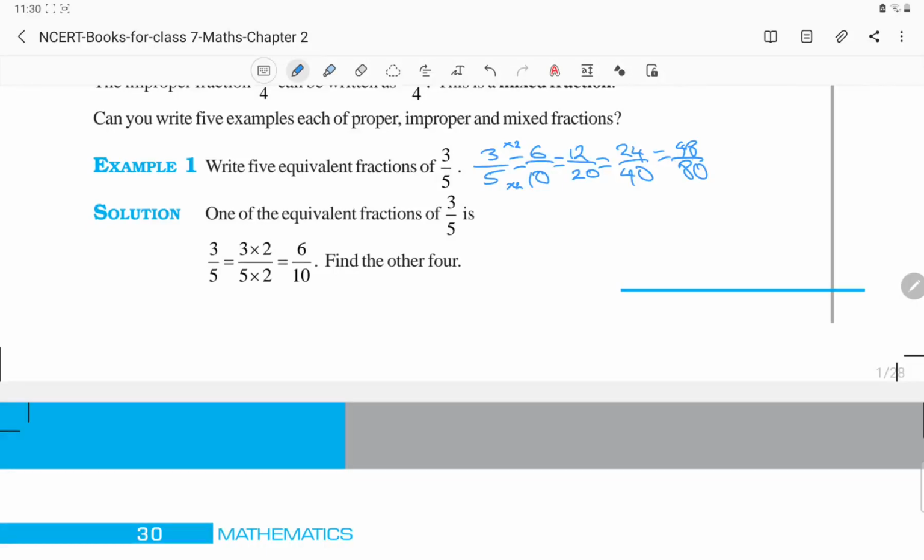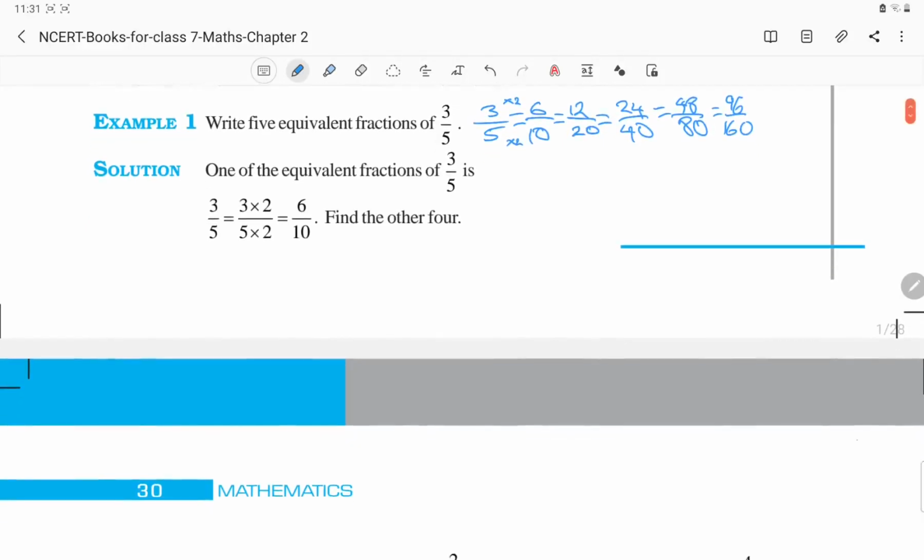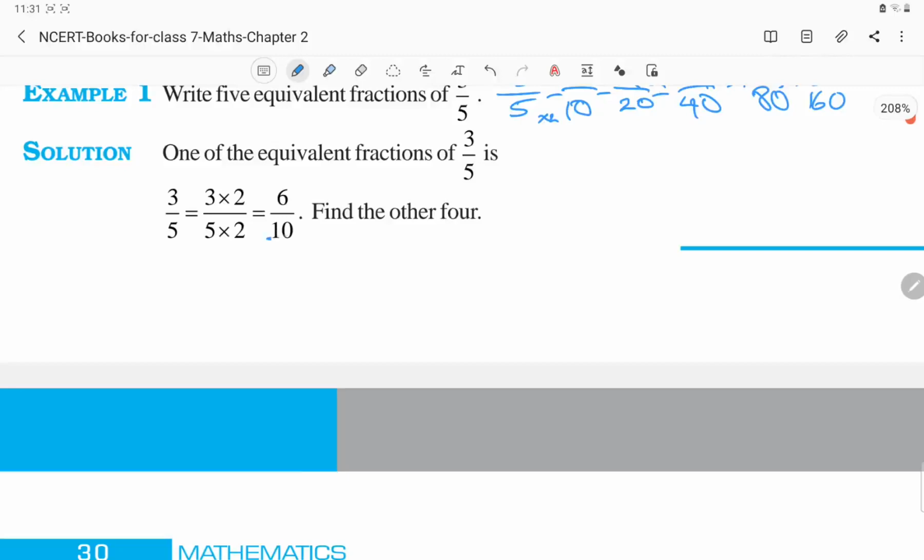And that's 1, 2, 3, 4, one more, 96 by 160. They're all equivalent fractions of the fraction 3 by 5. See, that was the example right there.